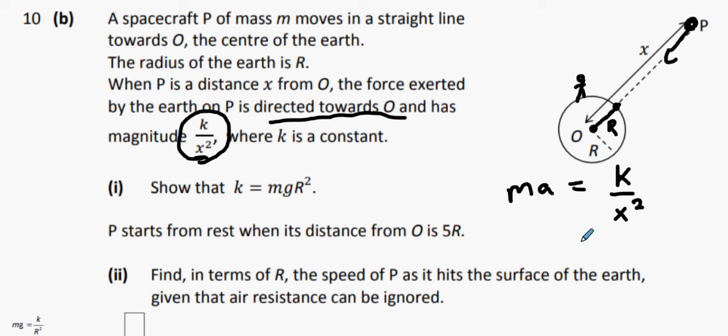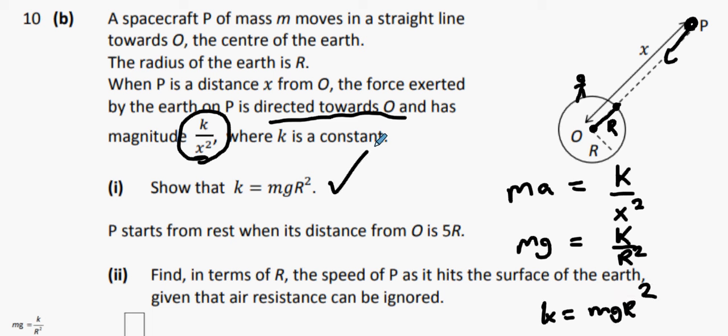Now we're going to replace a with g, because g is gravity, and it has to be capital R squared, and then, as you said earlier, just cross multiply and you get k equals mgr squared. It's a proof question, otherwise you might not know what to do with it. The question gives you that little helping hand as to what to do.